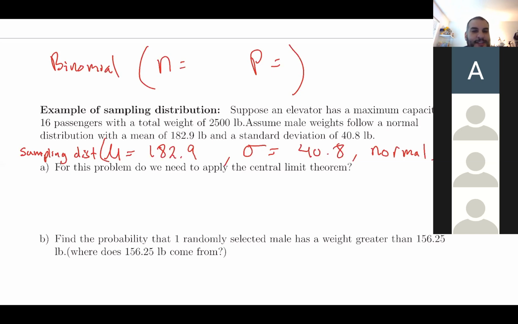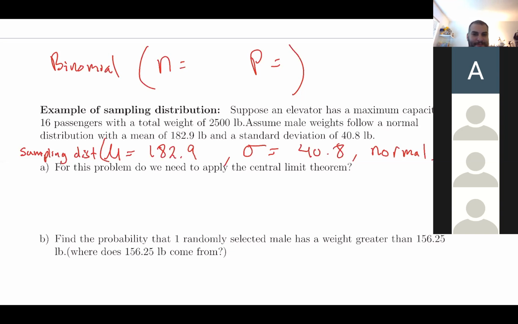All right, so let's do part A. For part A, it says, for this problem, do we need to apply the central limit theorem? If I already know this distribution is normal, do I need the central limit theorem?